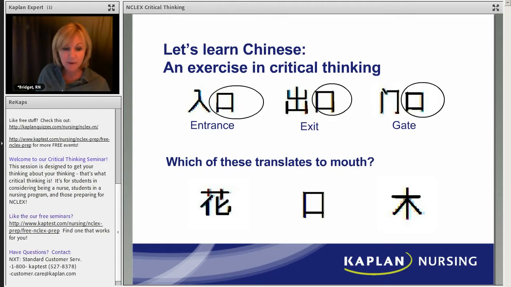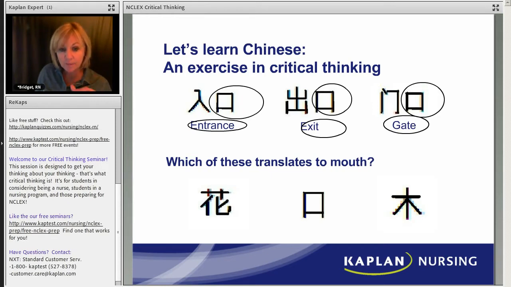So I'm using my steps, right? I'm organizing my data. And if I look at these things, I see three of the same shape in each of these words. Now, if I look at these words, entrance, exit, and gate, think about it for a second. What do they have in common?